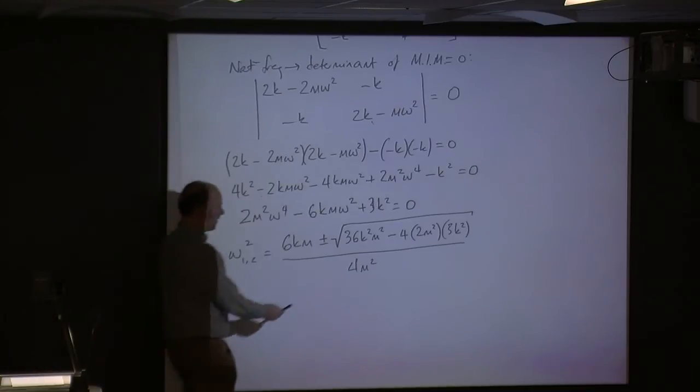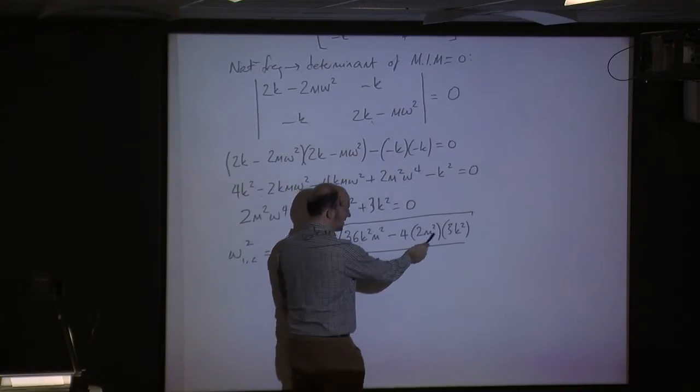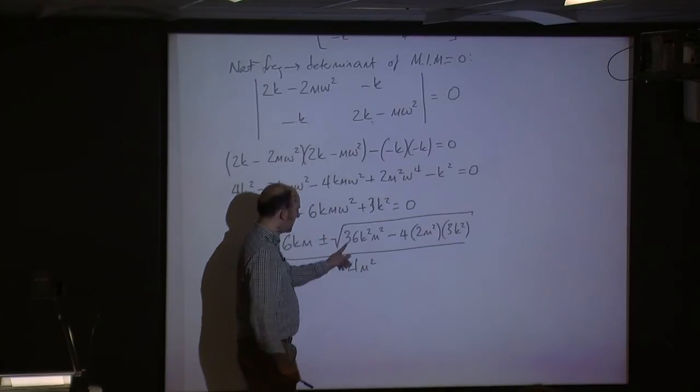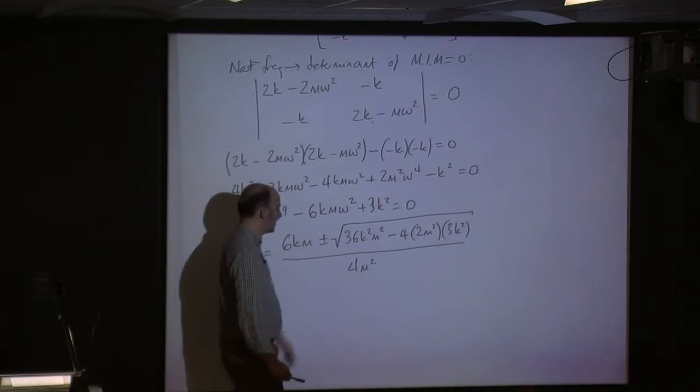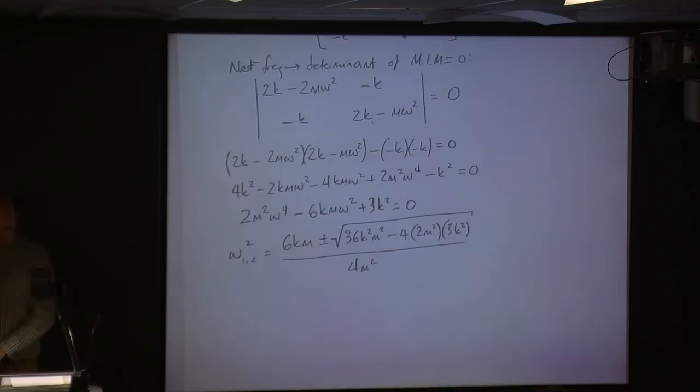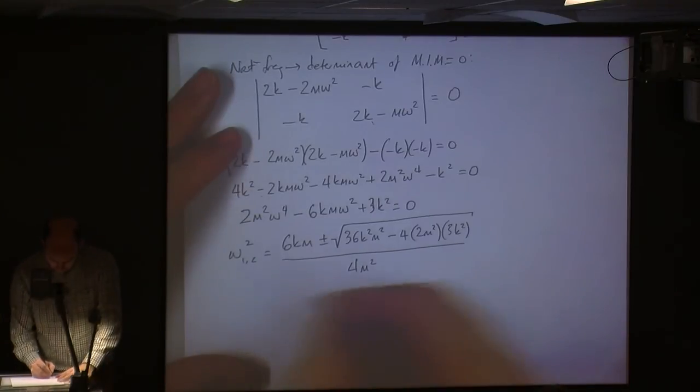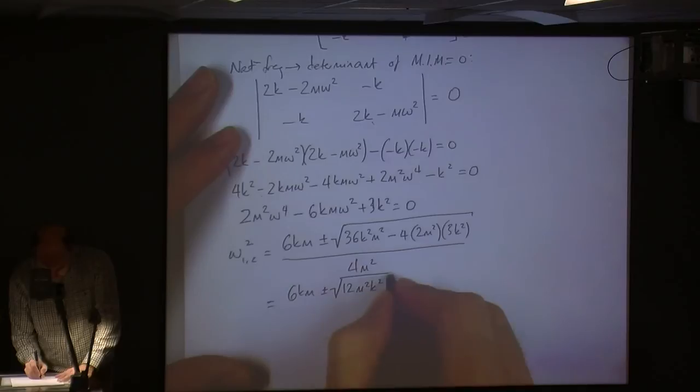Now under the square root, 4 times 2 is 8, times by 3 is 24, 36 minus 24 is 12, so we end up with root 12 m squared k squared. So I'll have this line in here, 6km plus or minus the square root of 12 m squared k squared divided by 4m squared.